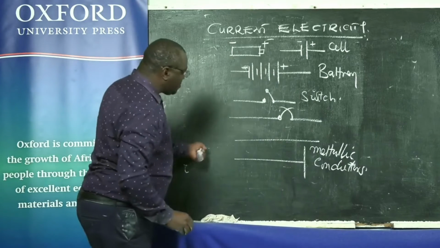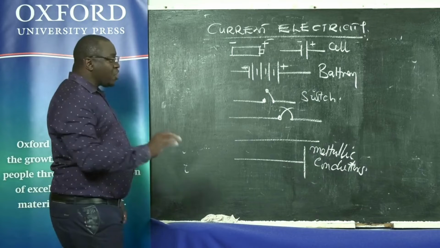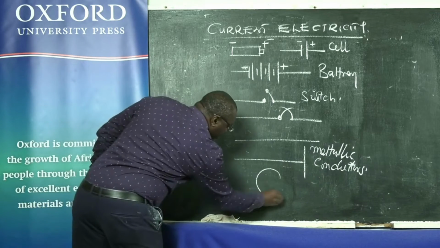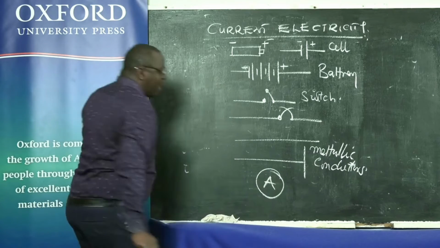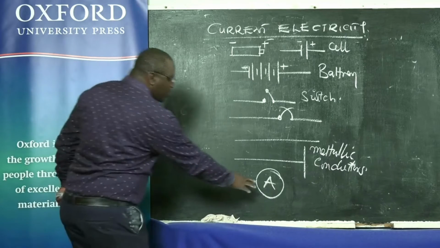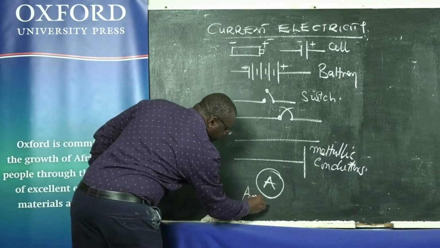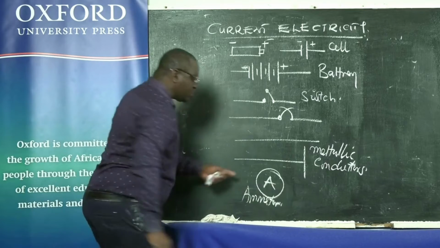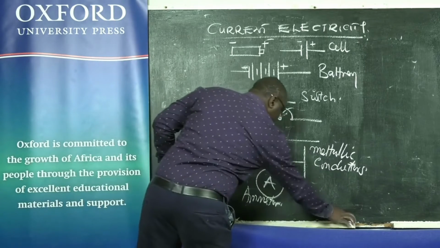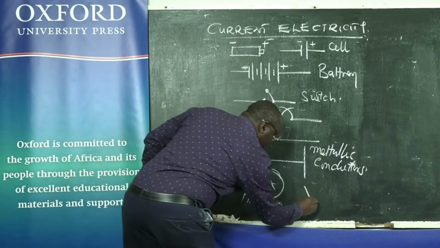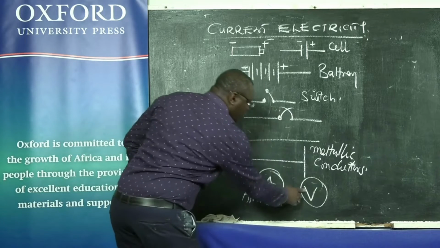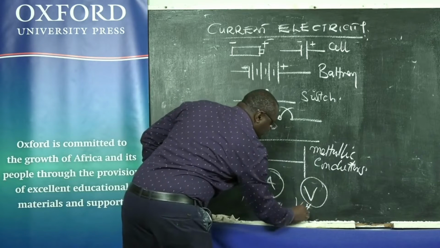Then we have another important feature that we are going to be seeing with a capital letter A inside. This one is called an ammeter. Going to look at its use later on. We have another one. This one is called a voltmeter.